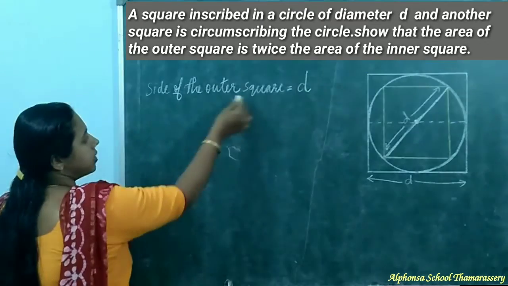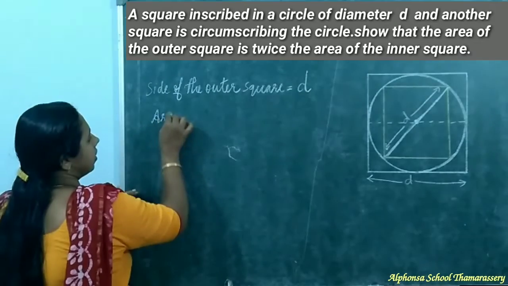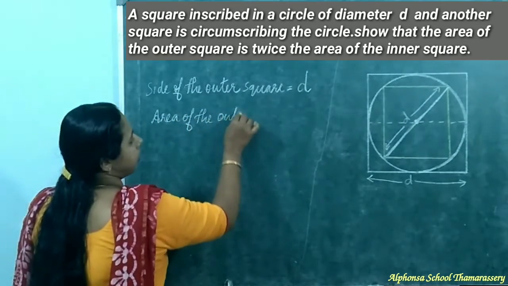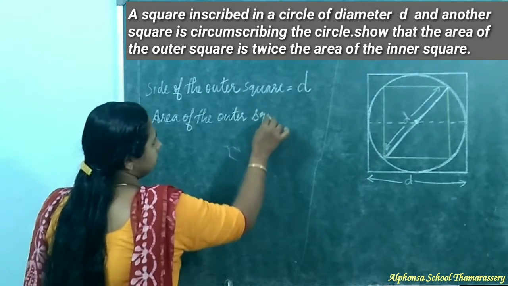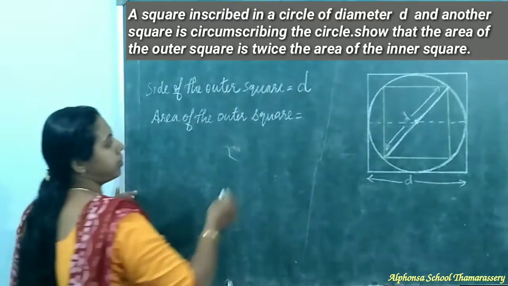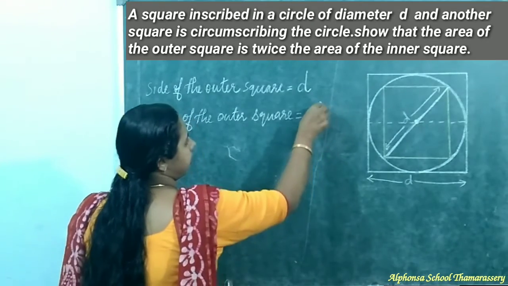So area of the outer square is equal to side into side. Side is equal to d units, so d square.